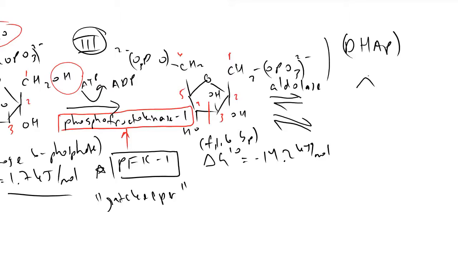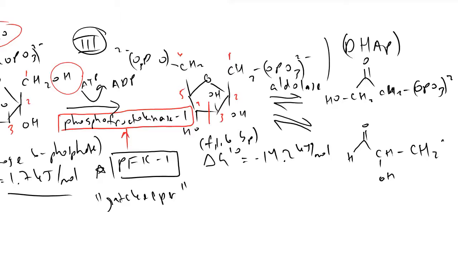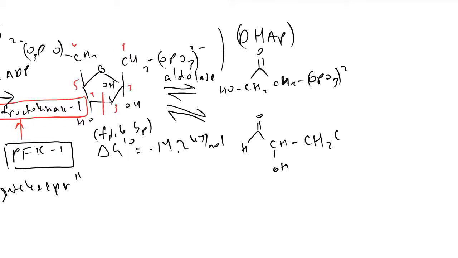That molecule looks like a ketone with CH2OH and CH2OPO3 2-, as well as another molecule, glyceraldehyde 3-phosphate. And glyceraldehyde, as the name suggests, is an aldehyde, so we have this functional group here, followed by this carbon, OH, and this other carbon bonded to another phosphate group.